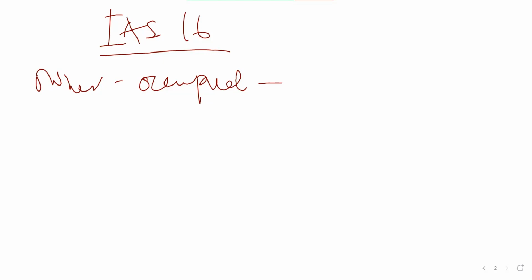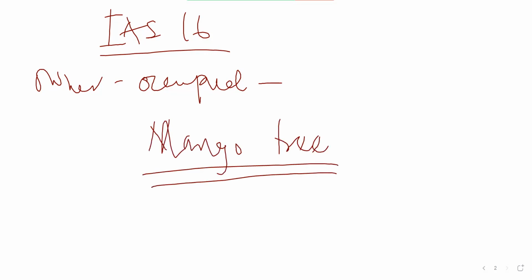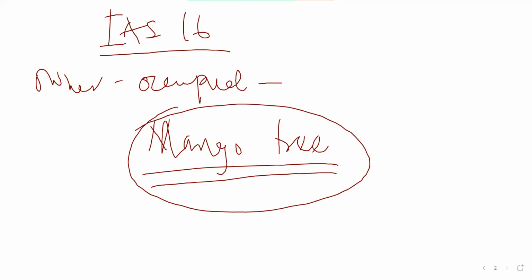plant this one, a mango tree, assuming you are planting a mango tree. Some of you haven't heard about agriculture before, but don't worry. Let's come here. How are you going to classify the mango tree?